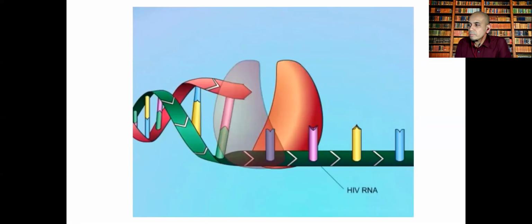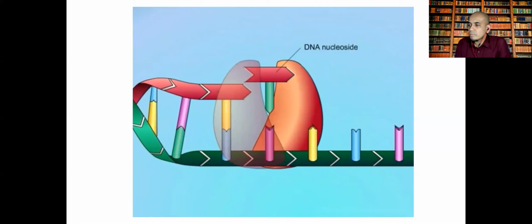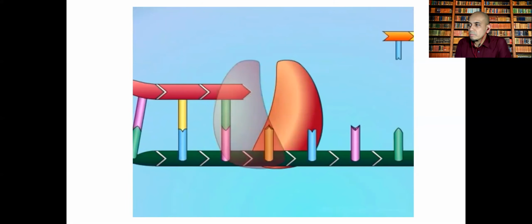The reverse transcriptase, or RT, now moves along the HIV RNA molecule and copies it into viral DNA through the incorporation of naturally occurring nucleosides. The nucleoside reverse transcriptase inhibitors, or NRTIs, compete with naturally occurring nucleosides to prevent their incorporation into viral DNA, and this in turn prevents reverse transcription.